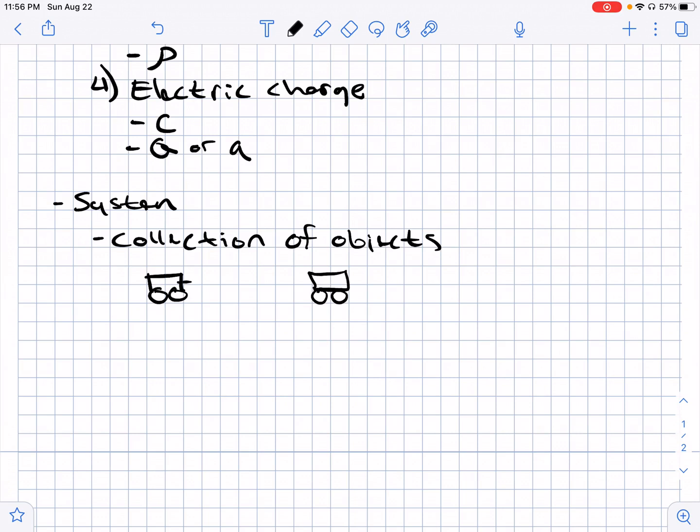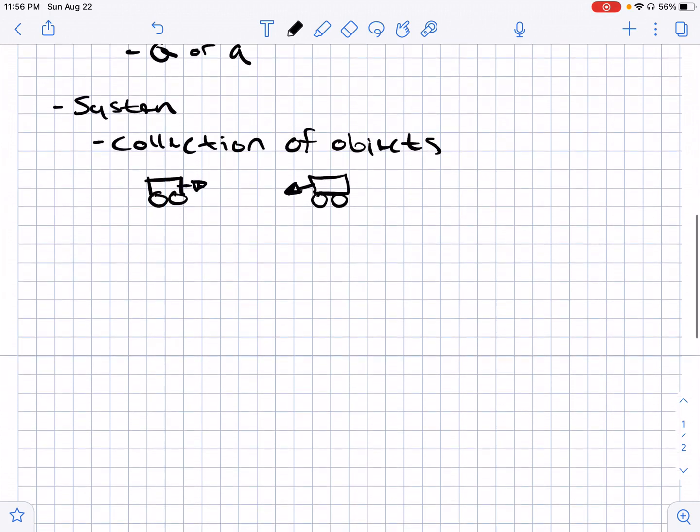This one could be moving this way, and this one could be moving this way. If I'm analyzing both of these carts at the same time, then we would consider both objects. So that would be a collection of objects, and that would be a system. A system is just a collection of more than one object.